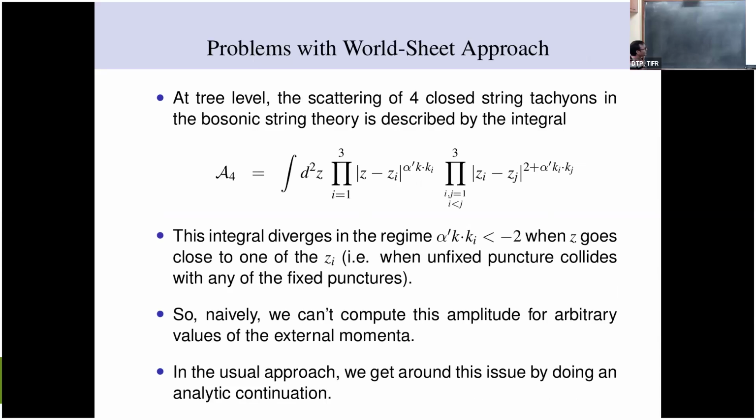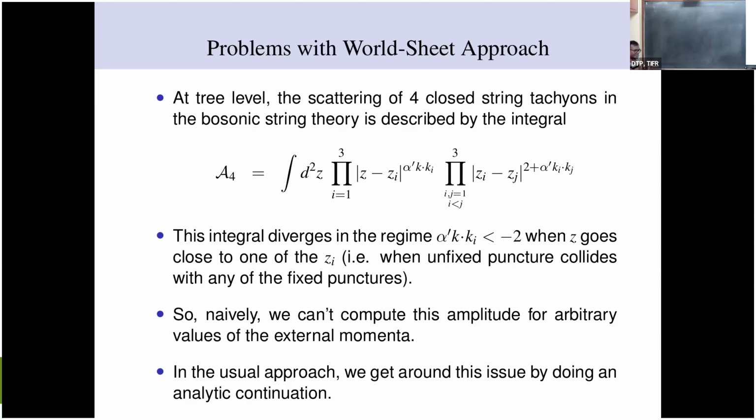So let's consider the simplest scattering calculation, the scattering of four closed string tachyons in bosonic string theory. This you can show is described by the Koba-Nielsen integral. So when you compute this four-point closed string amplitude, you have to insert four punctures on the Riemann sphere.